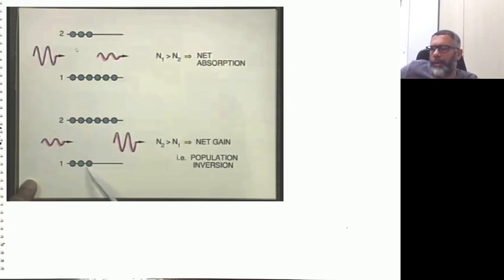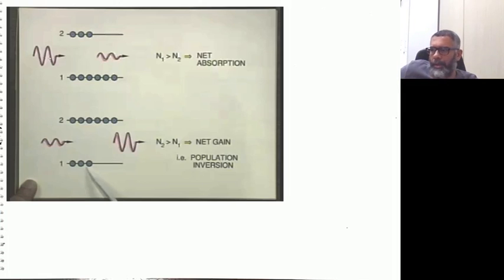You will not be able to do it because there are more atoms in the ground state. So these will absorb the incoming light more strongly than these will absorb to emit extra photons. So the net process over here is just absorption.